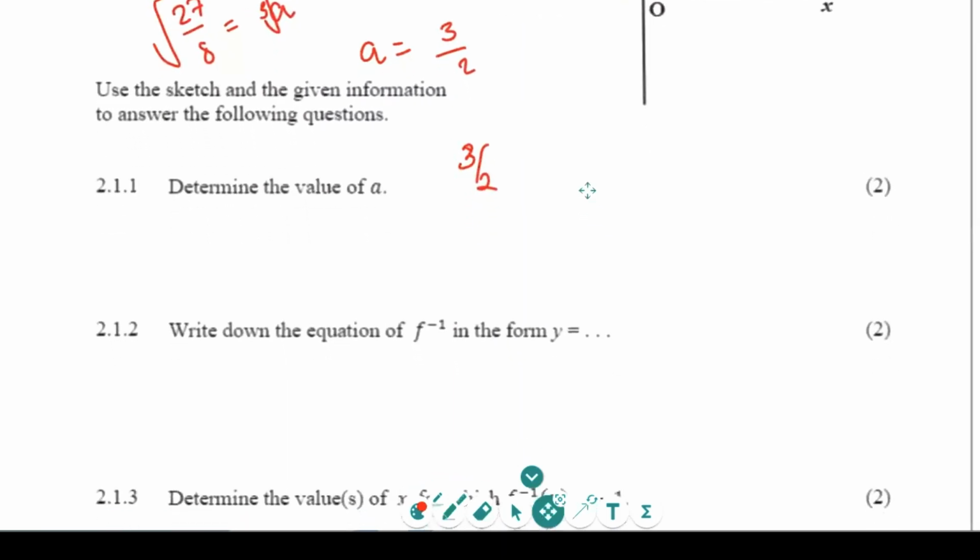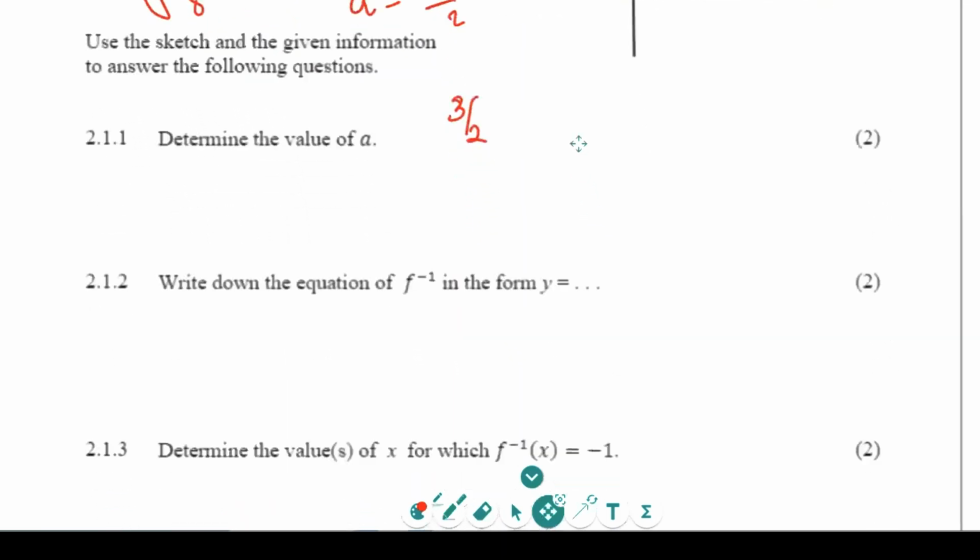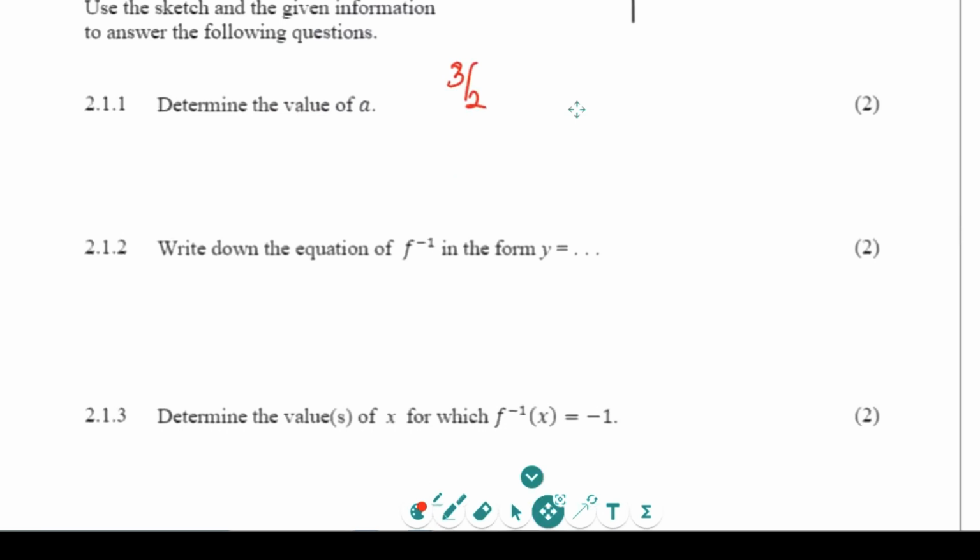2.1.2, they want us to write down the equation of f to the -1, which is the inverse. The original was y is equal to 3 over 2 to the x. Whenever we write the inverse of an exponential function, it has to be a log function.